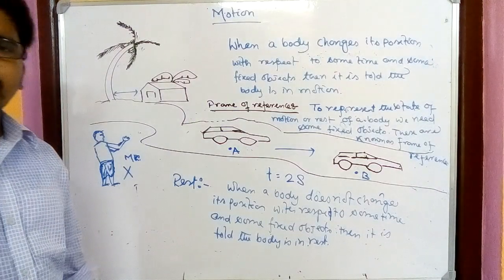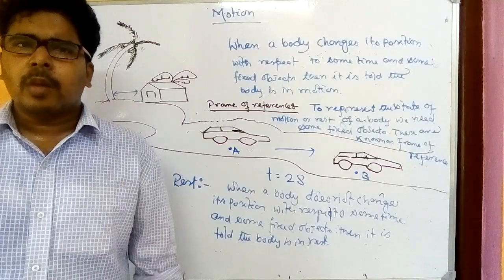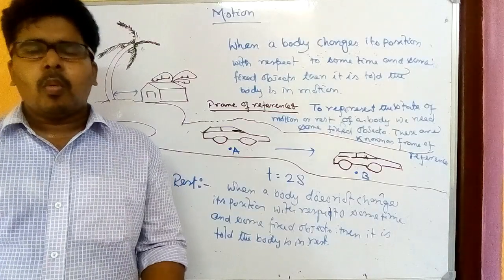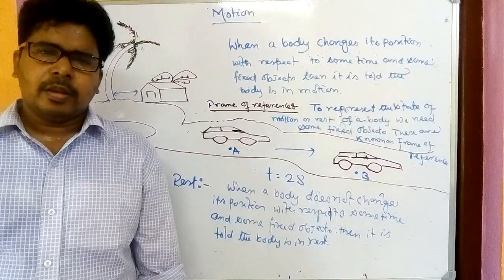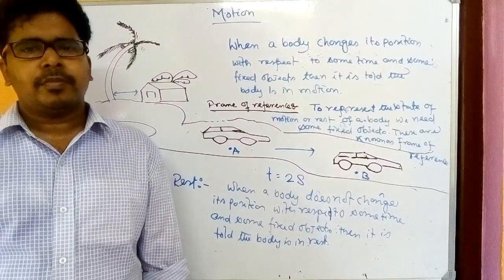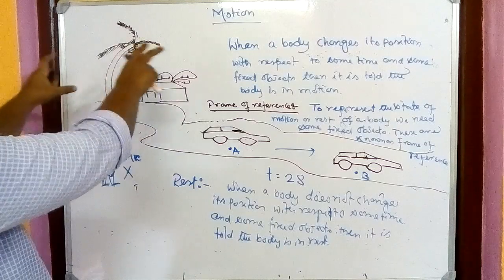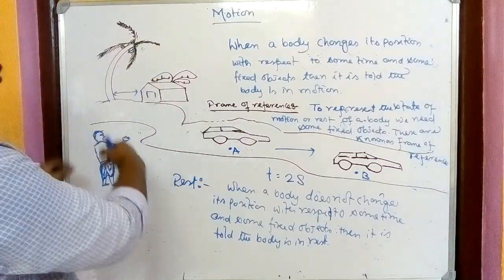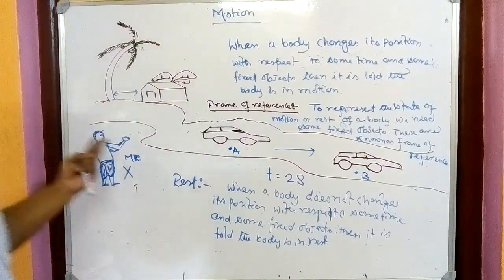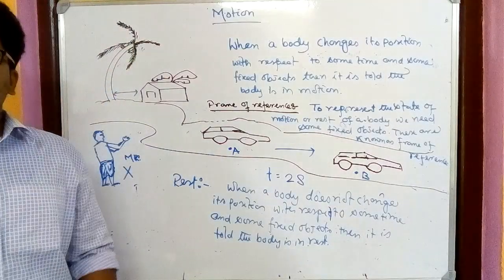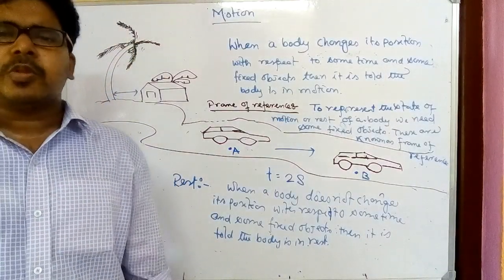Now you might be asking, sir, motion is motion, a body is moving, so why do we need a frame of reference to represent a state of motion? If I am not giving any frame of reference here, assume no tree, no house, no man is there, and the car is moving, then you can say no frame of reference, but the car is moving.